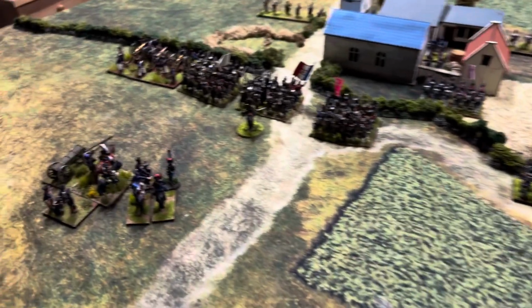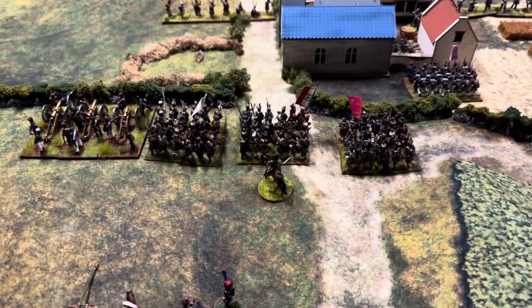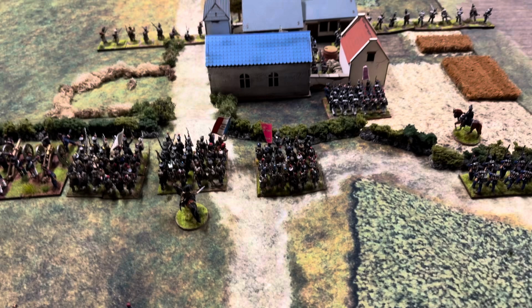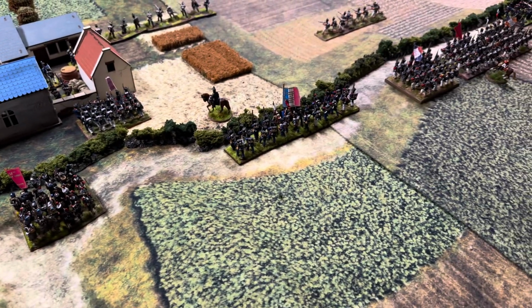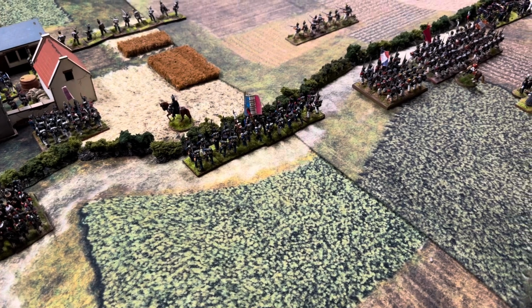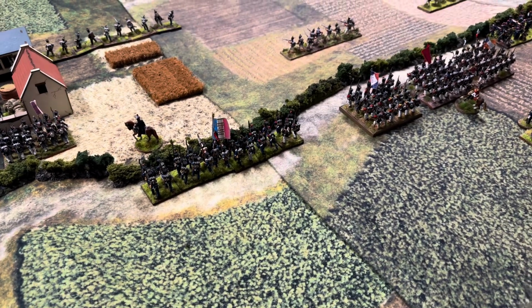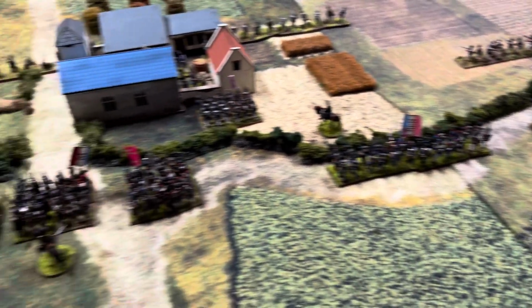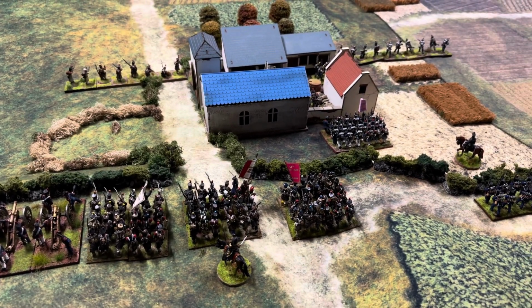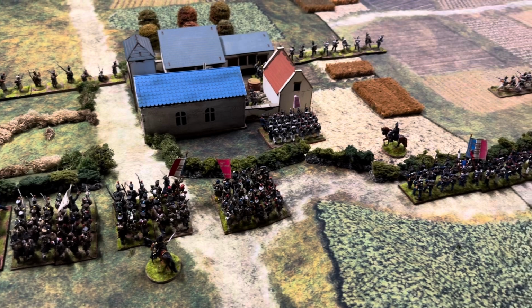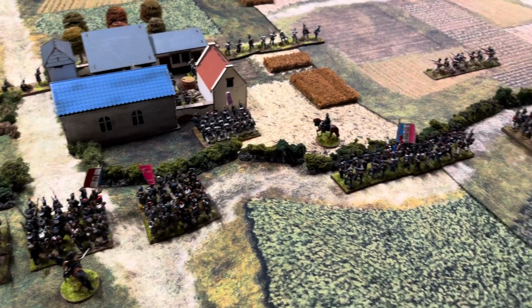So the Dragoons are now under command of the 12th Division. So they'll belong to the division on the left flank. And that is important, because that cavalry obviously will be supporting the division on the left, the French left, as opposed to the division in the center.